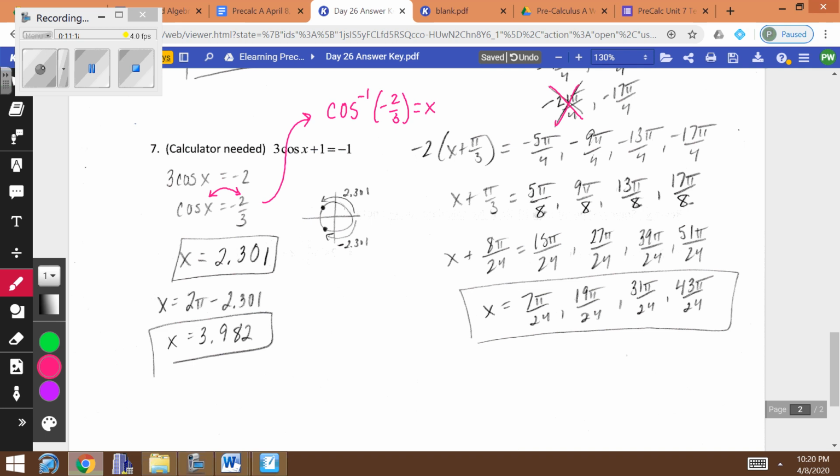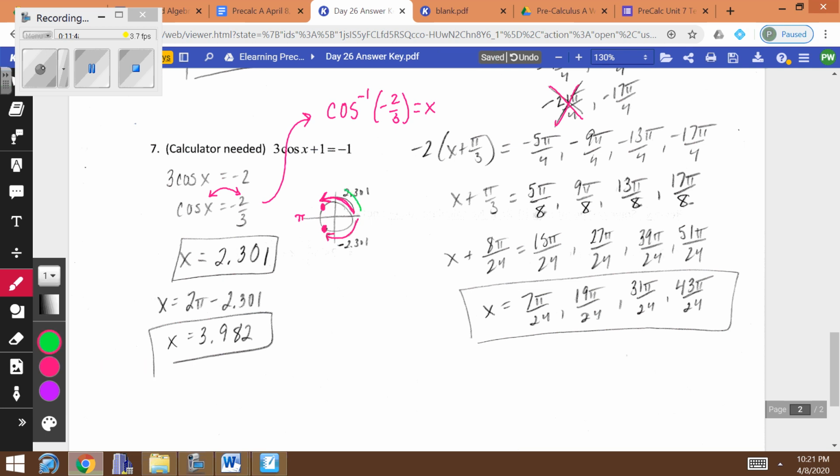So our calculator only gives us the inverse cosine function. So inverse cosine function is from 0 to pi. So it gave us this value right here, 2.301, which would bring us in quadrant 2. This over here, remember, would be pi or 3.14. So we need to find the other one. We know the cosine is negative right here. So again, if this is positive 2.301, this is negative 2.301.